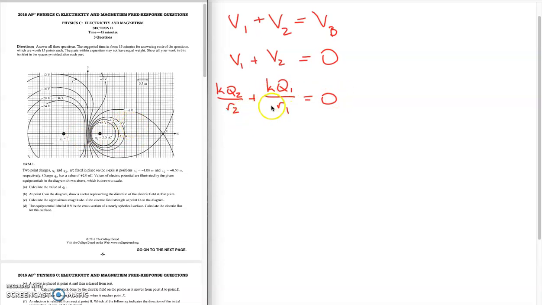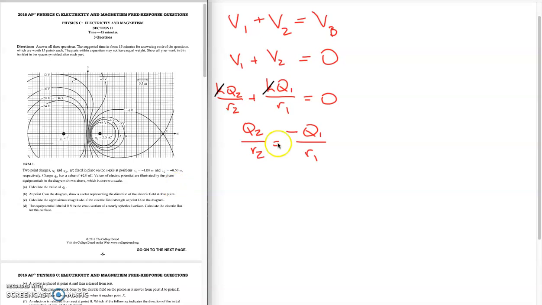So we can rearrange this because we're trying to solve for Q1. Our constant of the universe cancels out. And we're going to have Q2 over R2 equals minus Q1 over R1.